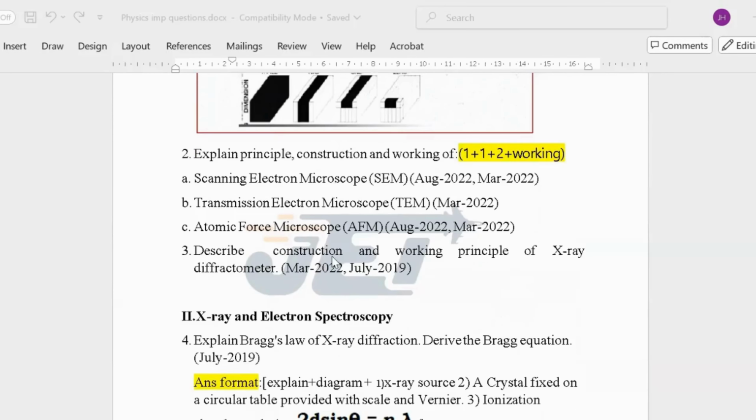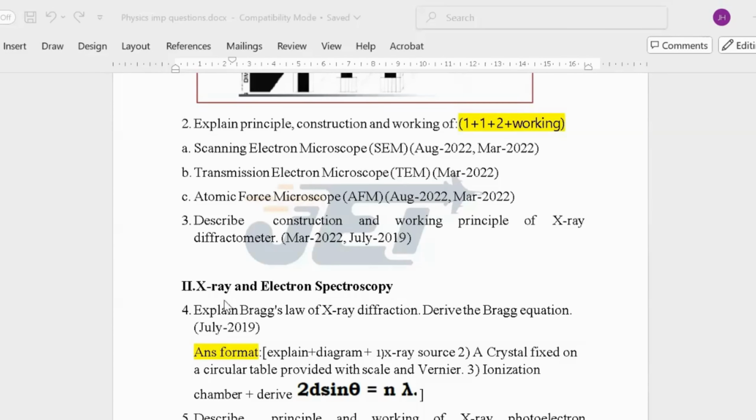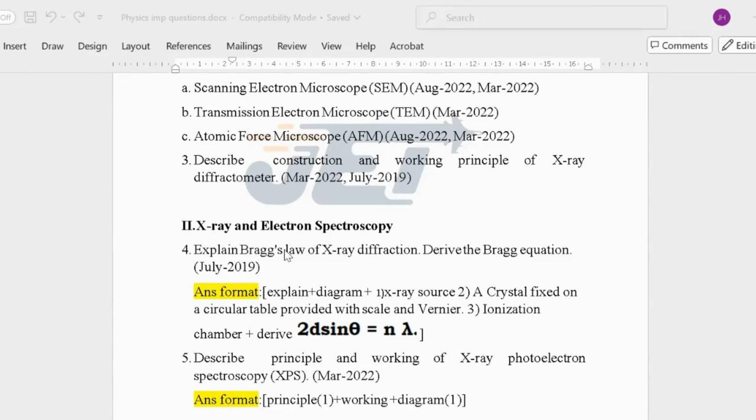Okay. Describe construction and working principle of X-ray diffractometer, right? So for this question, you're going to describe the construction and working. Okay. Next question, explain Bragg's law of X-ray diffraction. Derive the Bragg's equation, right?